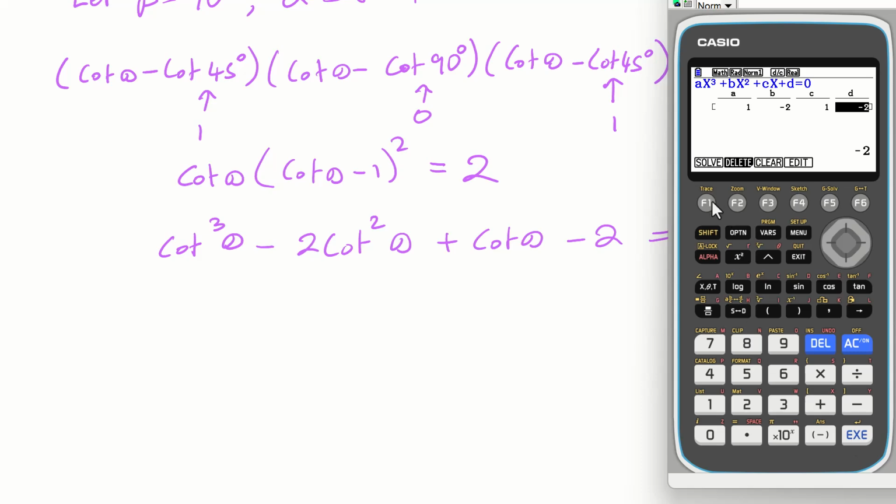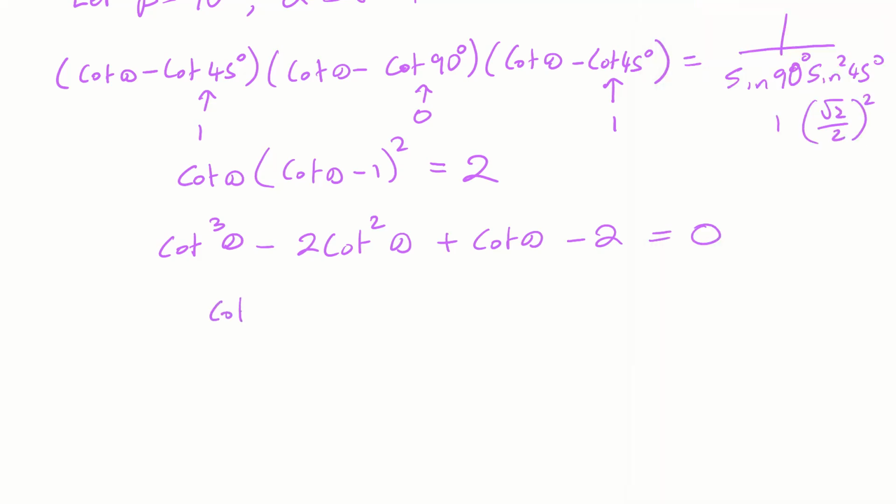And then we want to solve. And we get the value 2. So cot theta is equal to 2, which means that tan theta is equal to a half. And we can just find that on the calculator. It's 26.6 degrees, or 0.464 radians.